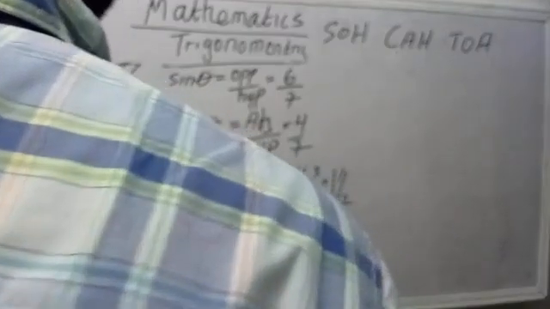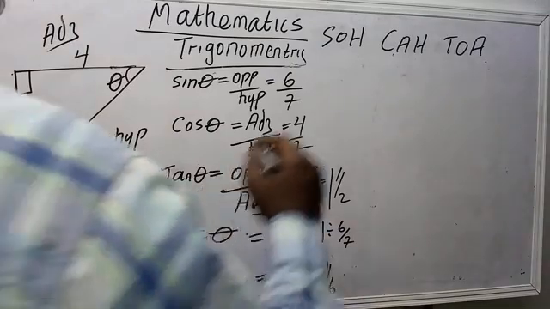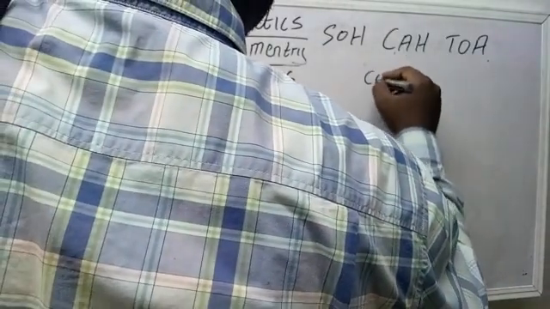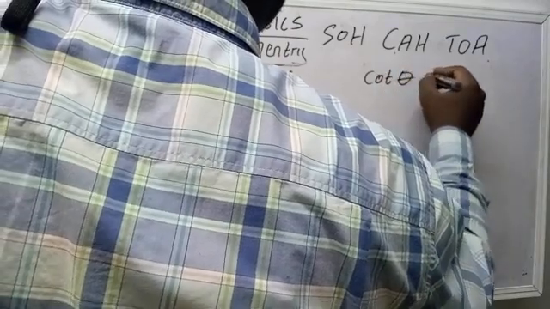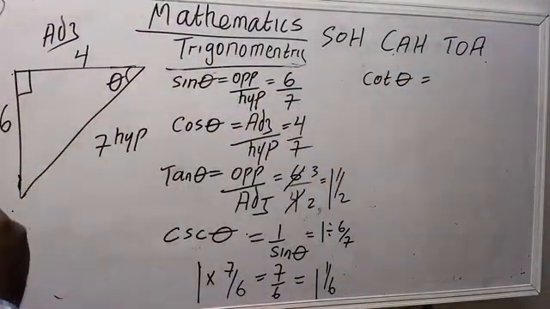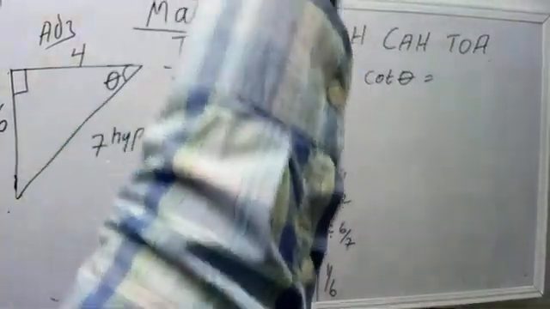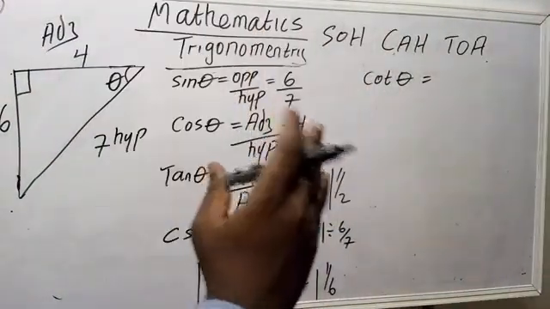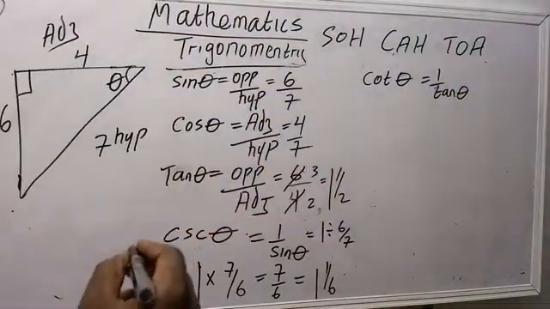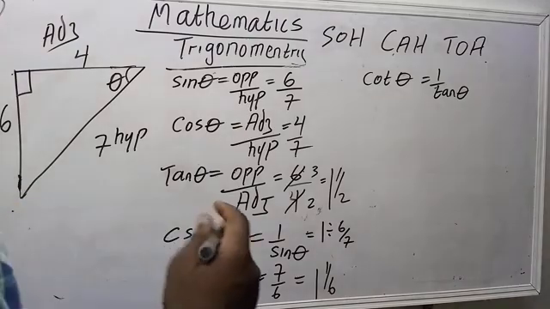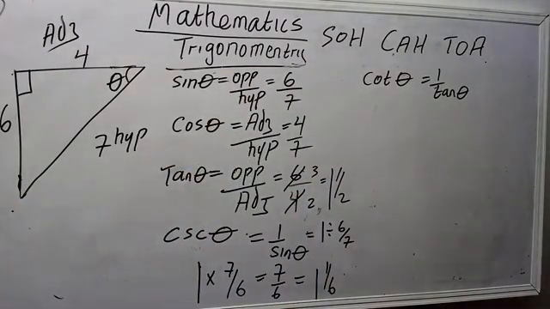Okay, we have here cot. What is cot theta? It means inverse of tan, 1 over tan theta. And what is our tan? Tan means opposite over adjacent.